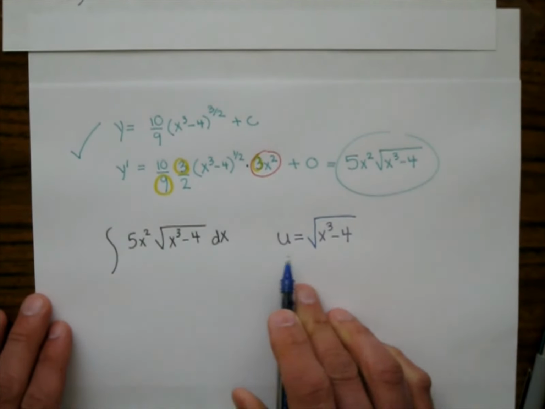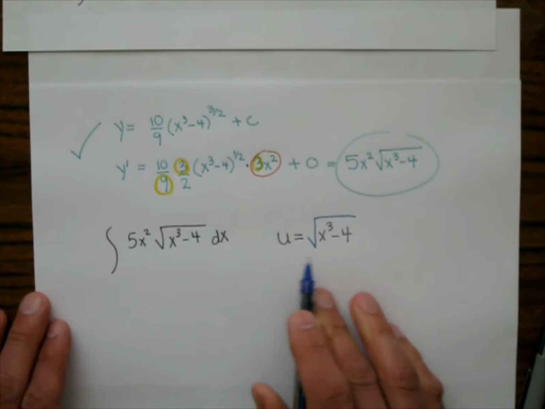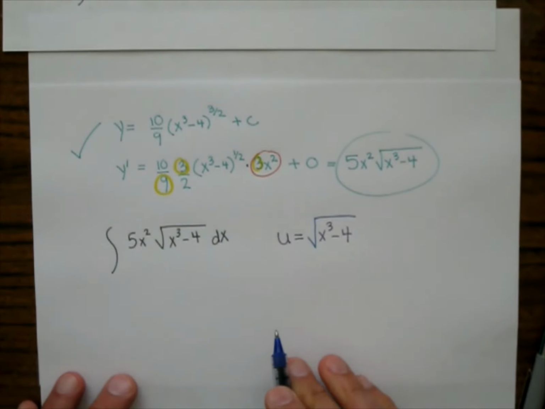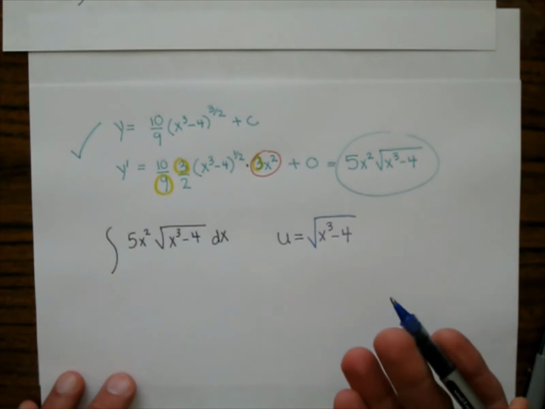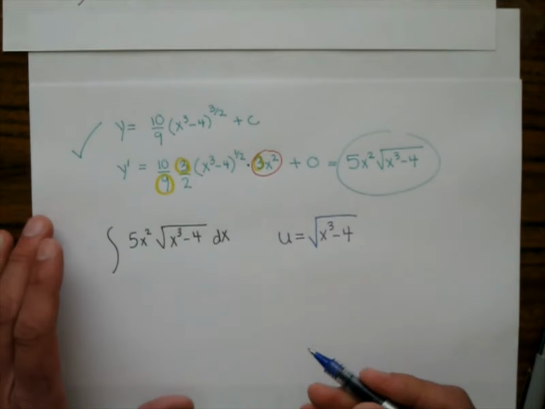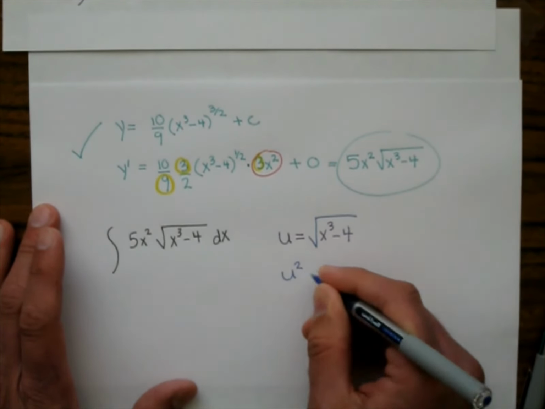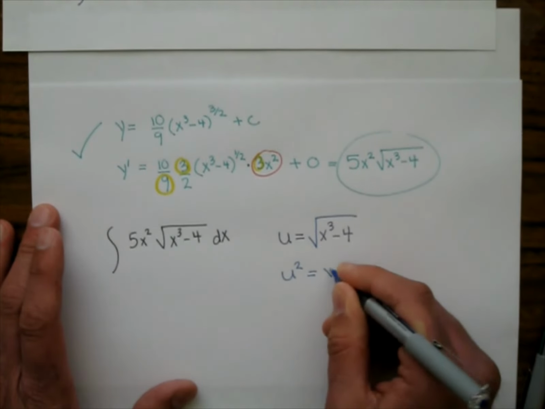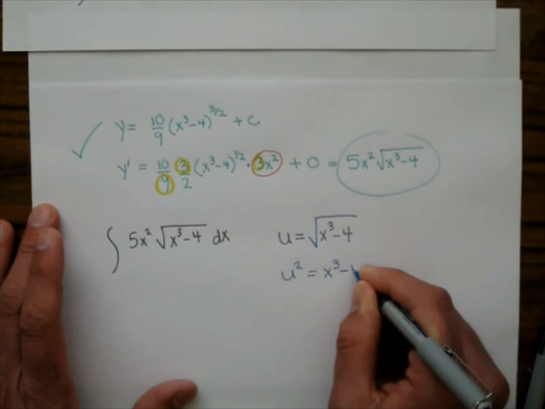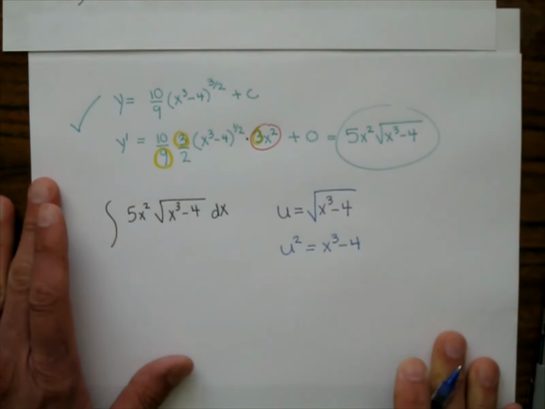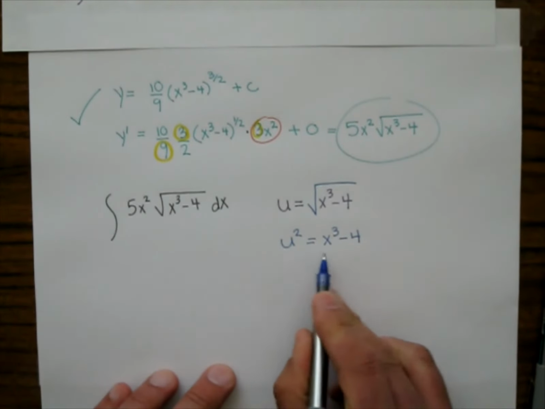Now sometimes you'll let u equal something and there's nothing you can do. You run into a dead end, and then you have to re-evaluate and pick a different u. Watch what I'm going to do. I'm going to square both sides of this equation. So I have u squared equals x cubed minus 4. And then I'm going to take the derivative of both sides.